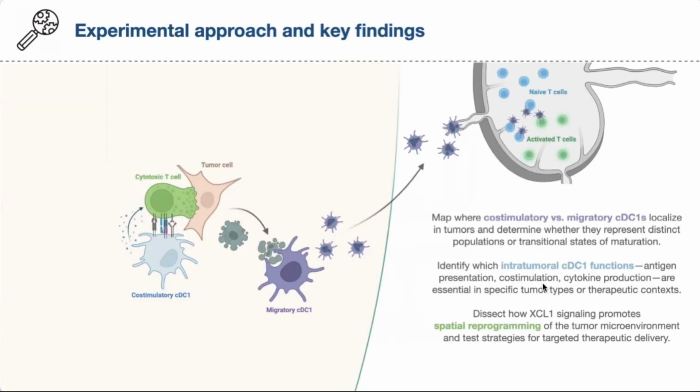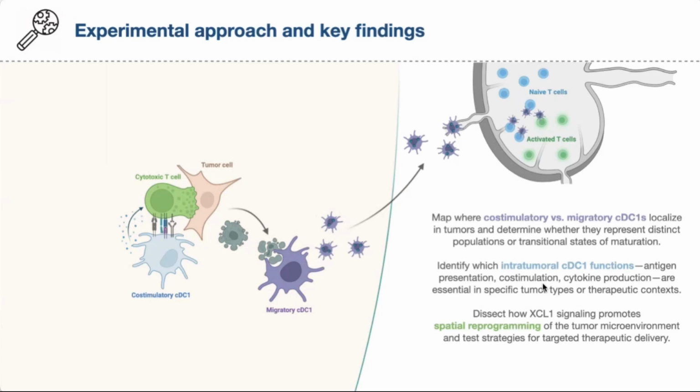So, altogether, these data really suggest that local co-stimulatory dendritic cells acting within tumors are critical partners in effective anti-tumor T cell responses. So, looking forward, there are several major questions that we're excited to explore.